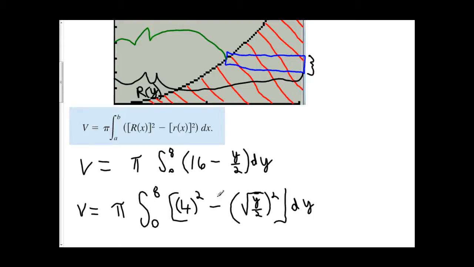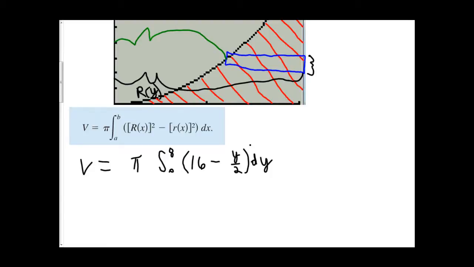And this is the integral that is going to give us the volume of the solid of revolution. And it's a relatively simple integral actually, based on how we had to derive it.